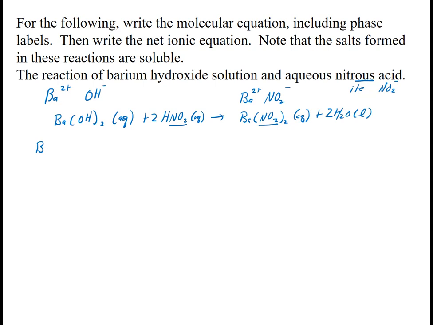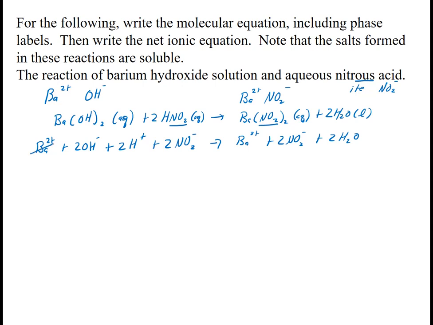So I have barium 2+ plus 2 OH minus plus 2 H pluses plus 2 NO2 minuses goes to form Ba 2+ plus 2 NO2 minuses plus 2 waters.